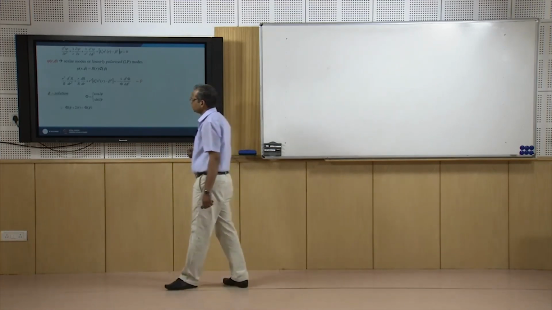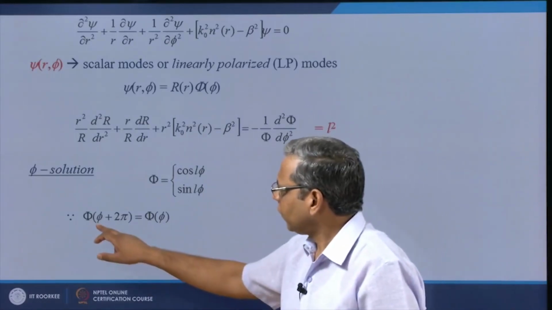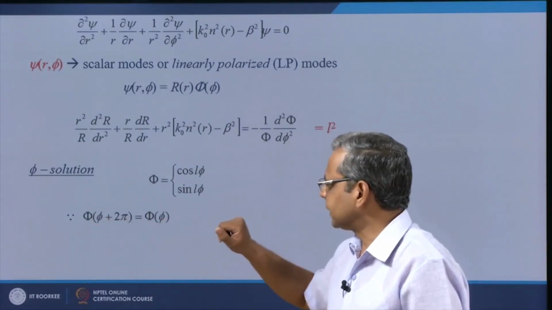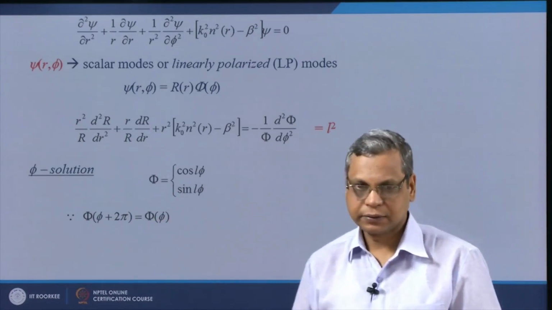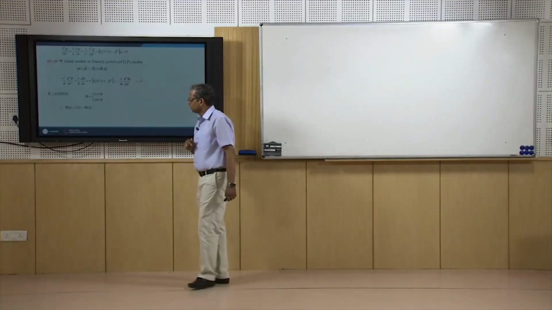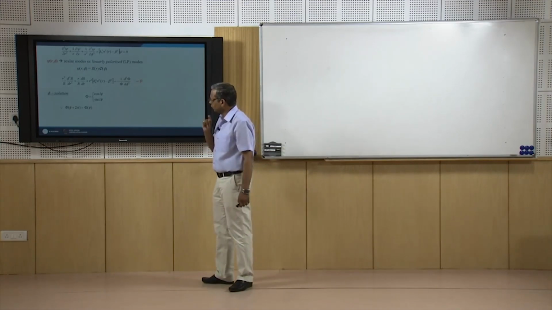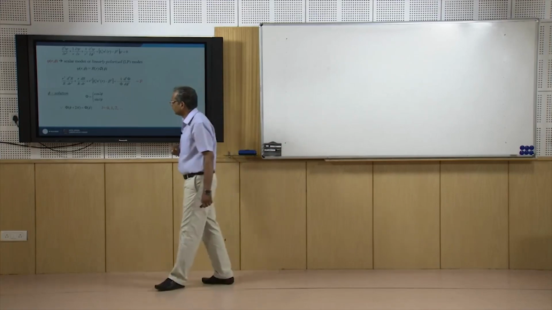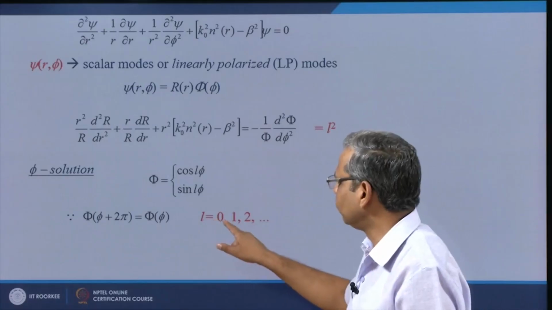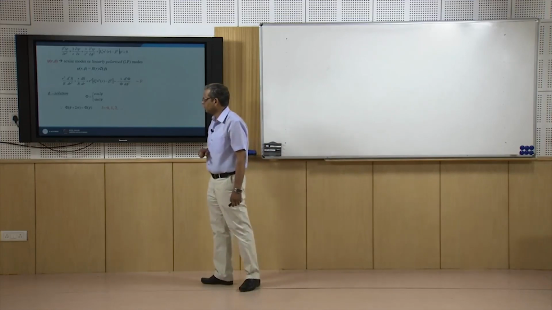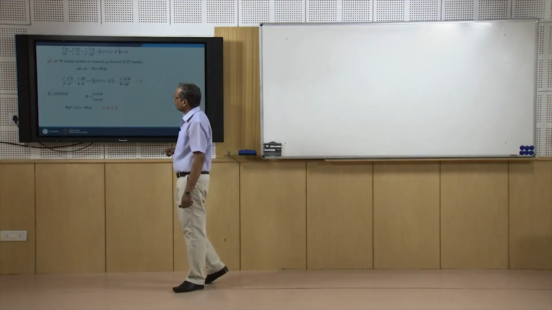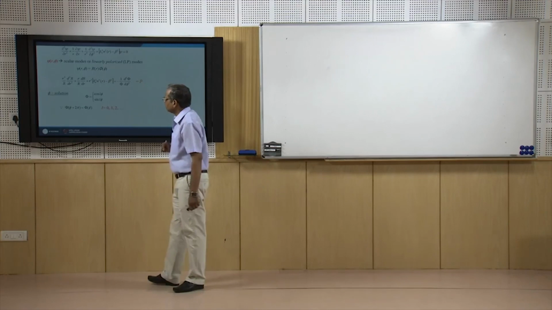So, capital phi at phi plus 2 pi is the same as phi at phi, so that there is only a single solution. This restricts the values of L to only integer values. So, L can only be 0, 1, 2 and so on. So, this is the phi solution.